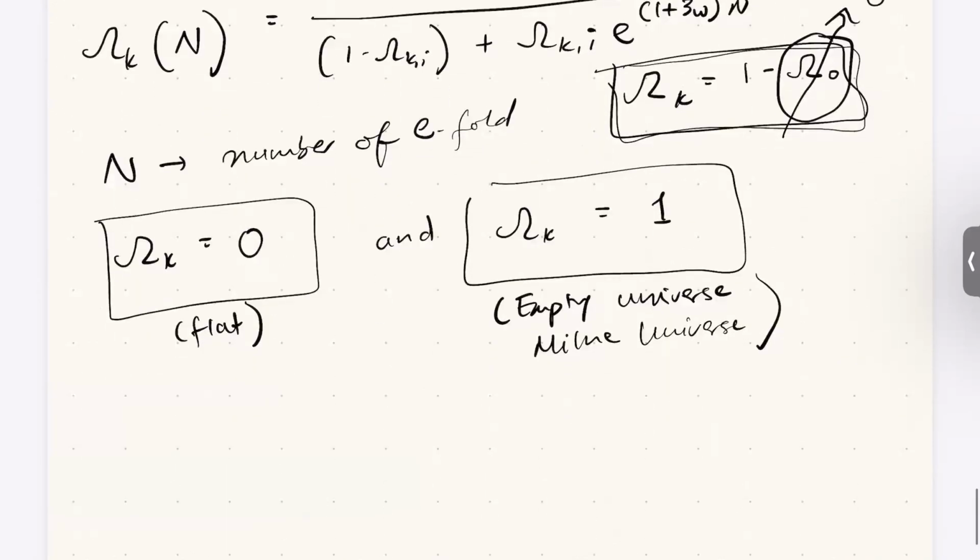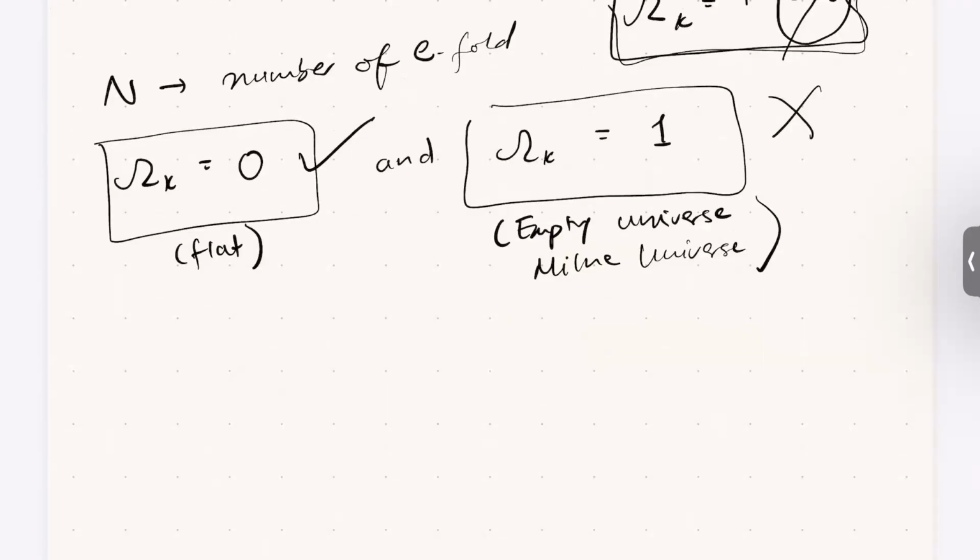Okay. So of course, this is not true, because we know we don't live in an empty universe, right? Because we exist, right? So of course, this is a proven fact that the universe is not empty. So therefore, this must be true, right? And therefore, the universe is flat. So this also solves the flatness problem, which is great for us.